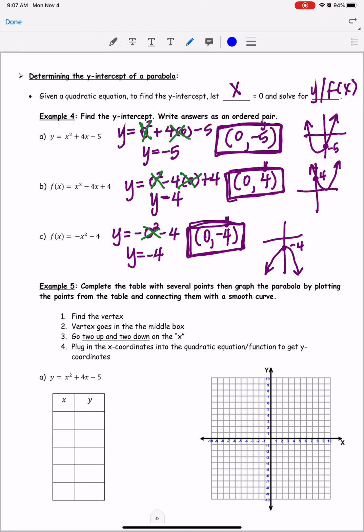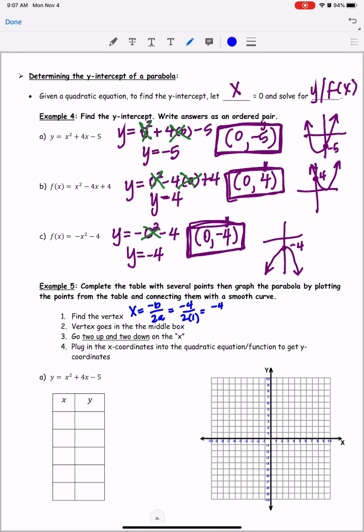Okay, so here's what I mean by that. First, we need to find that vertex. Your vertex formula is negative b over 2a. Again, that's got to be memorized. So my negative b is going to be negative 4 over 2 times a. My a is 1. So simplify.